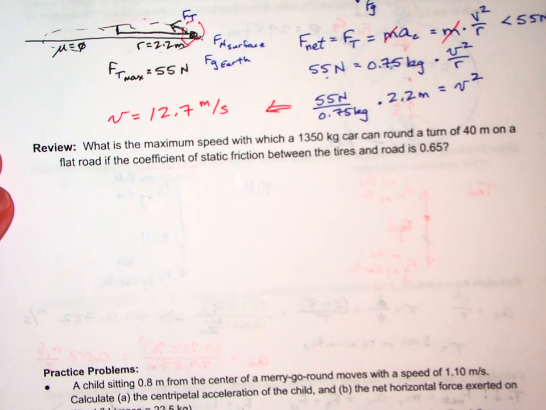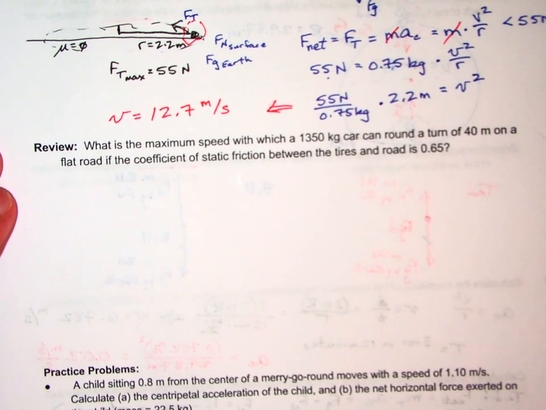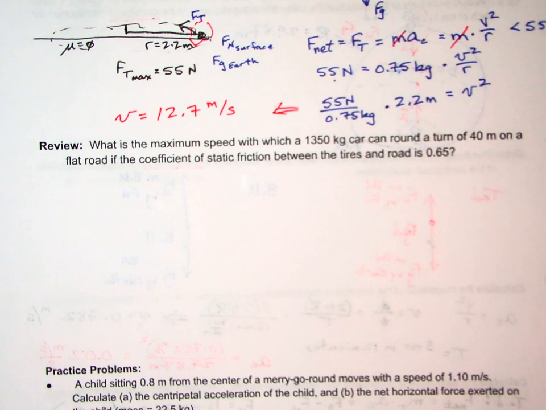Finally, this is a similar problem to the one that we looked at on Tuesday. In this particular case, we're interested in determining what the maximum speed a 1,350 kilogram car can round a 40-meter turn on if it's a flat road and there's a coefficient of static friction between the tires on the road of 0.65.